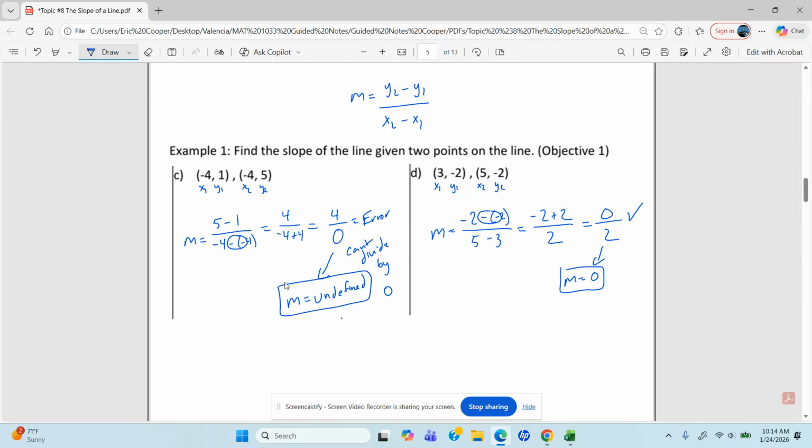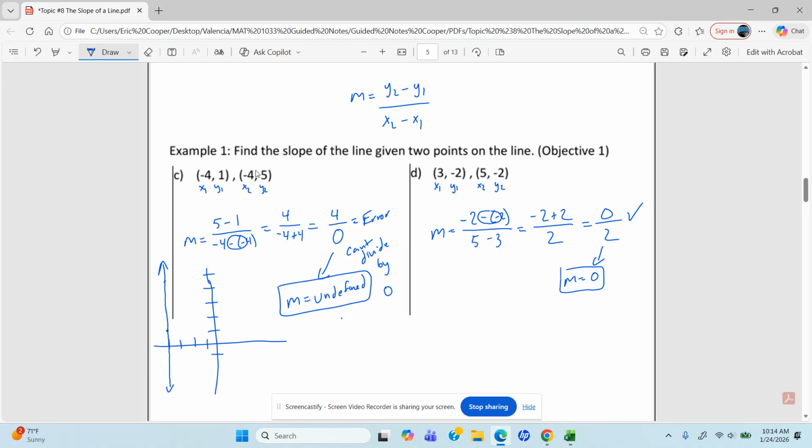Now a deeper dive into both of these problems. If I go back to C, let's actually go through and graph these 2 points and see what happens. Negative 4, 1 would be 4 to the left and 1 above. So my point's right here. And negative 4, 5 would be 4 to the left and 5 above. Right here. Well, if you connect the lines, you'll notice this creates a vertical line.